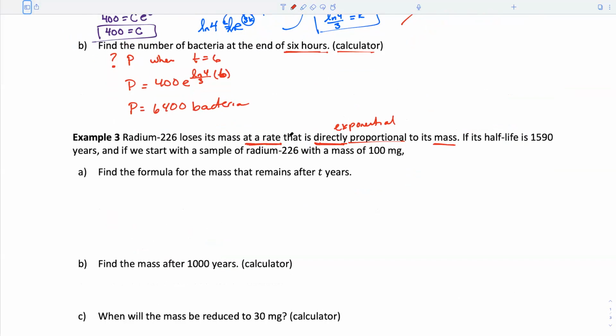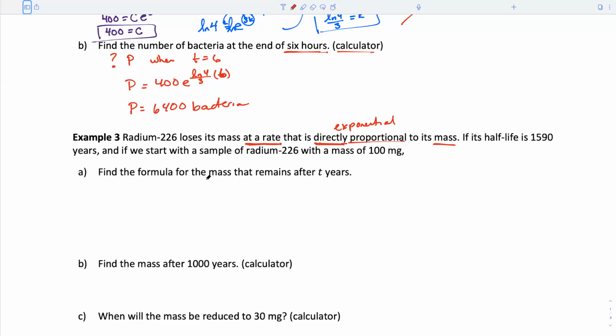Our rate means that it's going to be something with respect to time. And in this case, you can use dy/dt every single time if that makes it easier, or you can give it its own name so that you know what values you're dealing with. I'm going to call this dm/dt because it is the change in mass over the change in time.